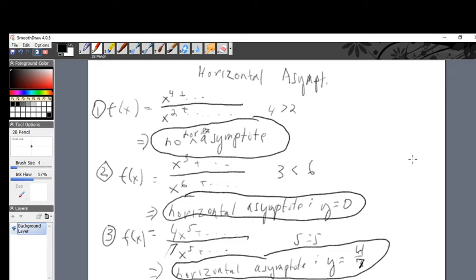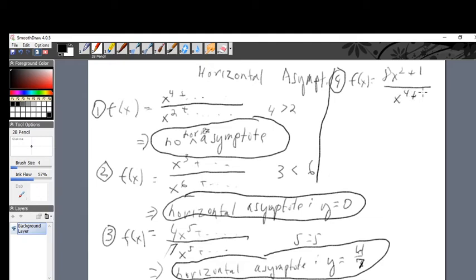Okay, now let me move up this paper and show you 3 examples just to practice what you just learned. I might be better off putting some of those examples right over here. Problem number 4. What if on your paper it looked like this? f of x equals 8x squared plus 1 over x to the 4 plus 1.